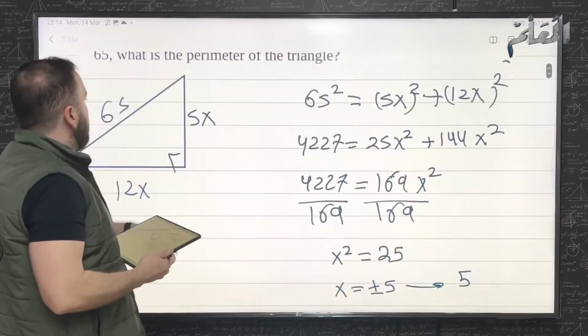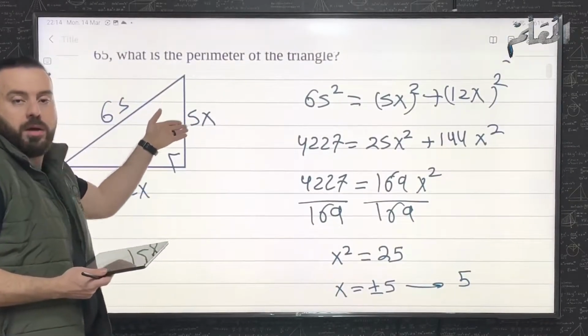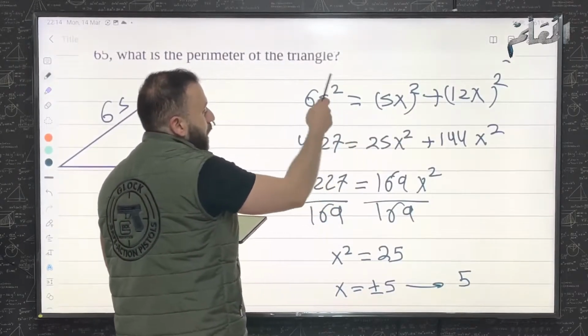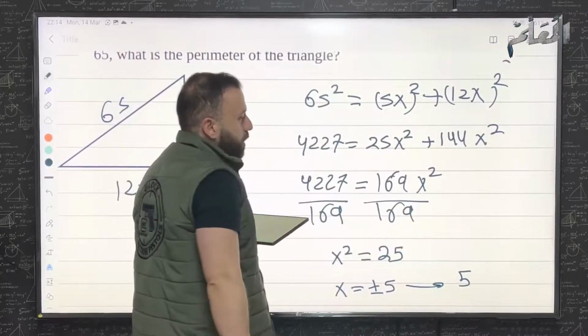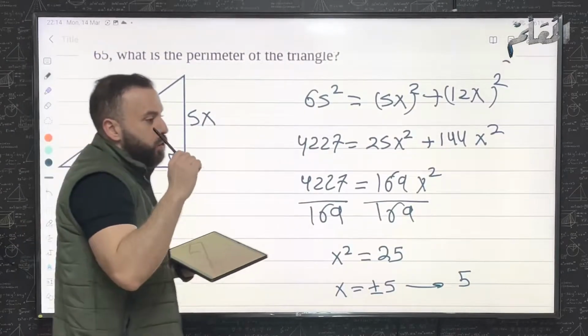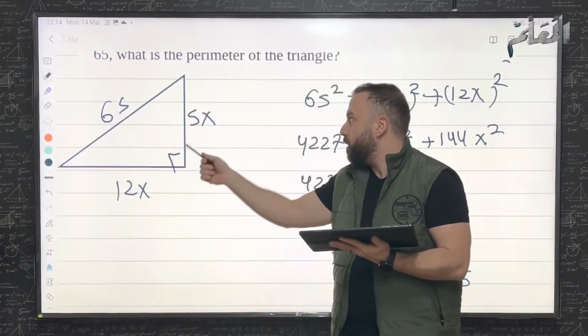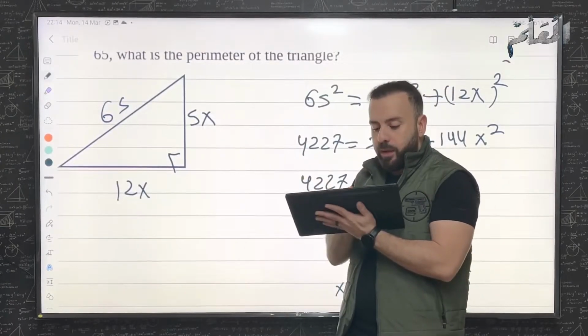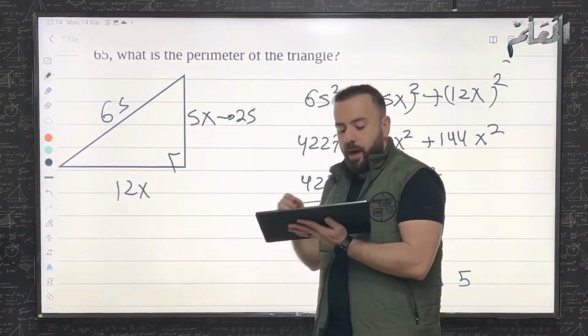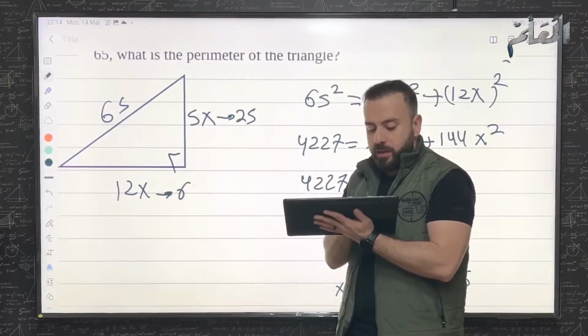Look at the first step: I constructed the triangle, then we have the ratio. The second step, I used the Pythagorean theorem. I get x equal to how much? 5. After that, I apply the value of x in the triangle. So 5 times 5 is 25, and 12 times 5 is 60.